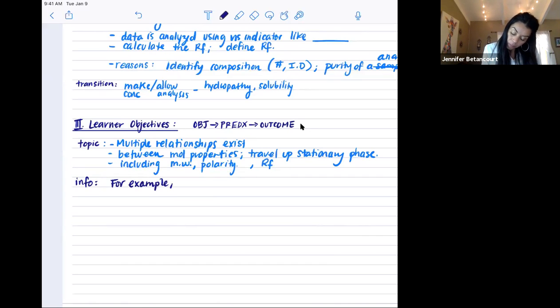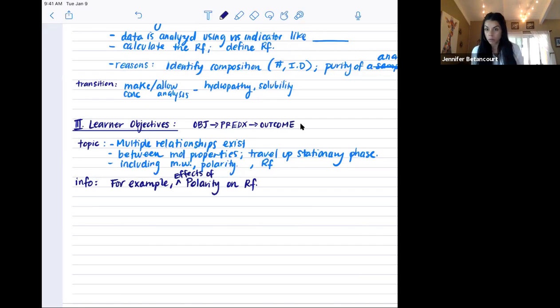For example, we investigated the relationship between, or the impact, the effects. The effects. Grown adult, I still have trouble with affect and effect. Effects of polarity on RF. That's what you're trying to study.